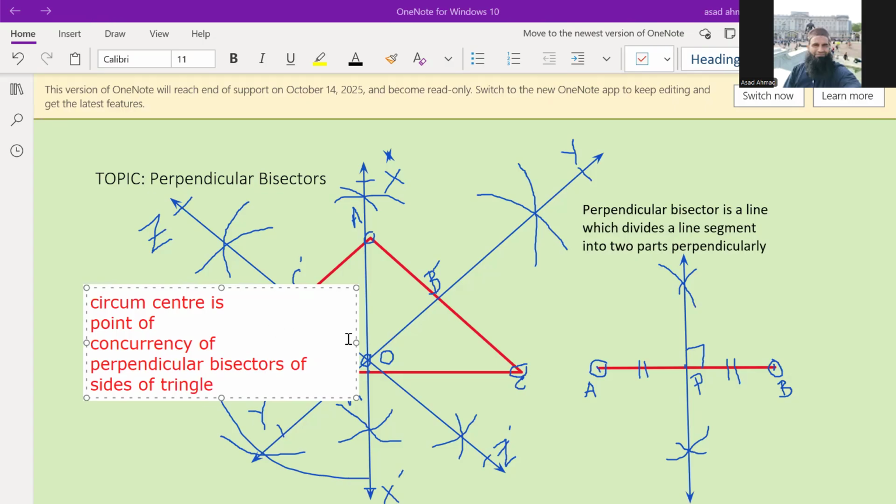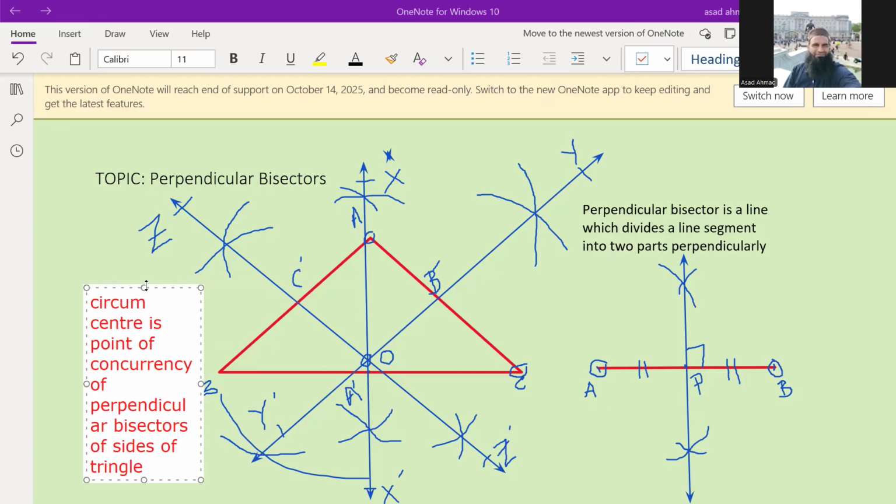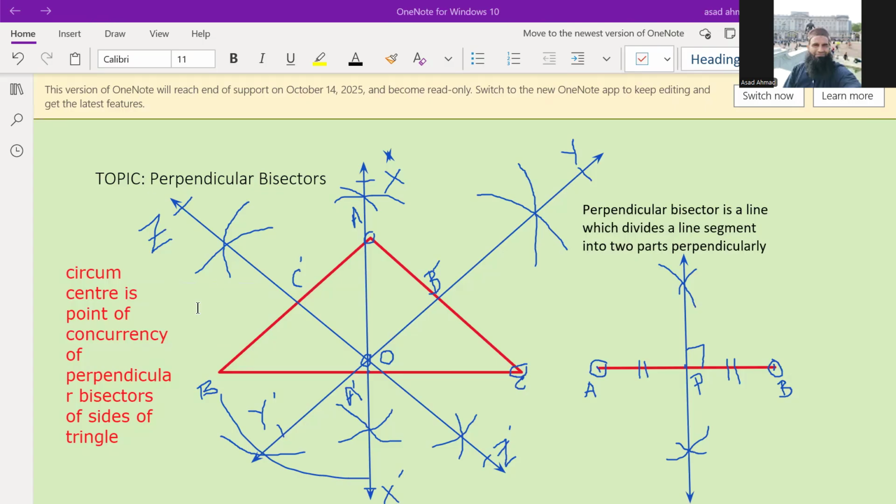So students should remember the names of perpendicular bisectors, and in particular what is meant by circumcenter.